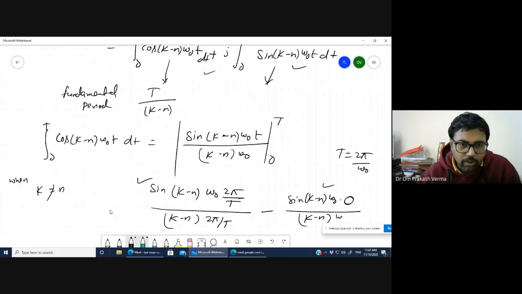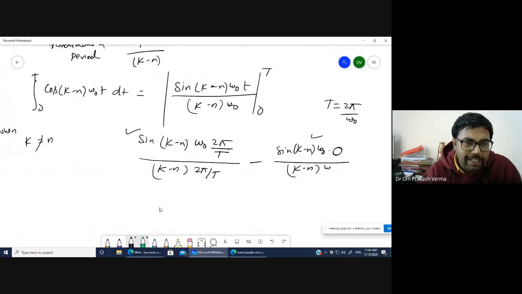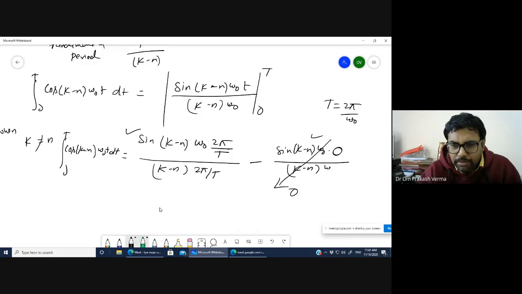When k is not equal to n, this is the case: cos (k minus n) omega naught t dt का ये इंटीग्रेशन आएगा, right? जब इसको सॉल्व करोगे तो it becomes 0, and it also becomes 0 because T is equal to 2 pi by omega naught है, so it is cancelled and sine 2 pi is again 0.